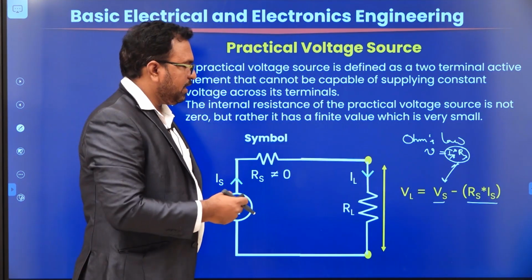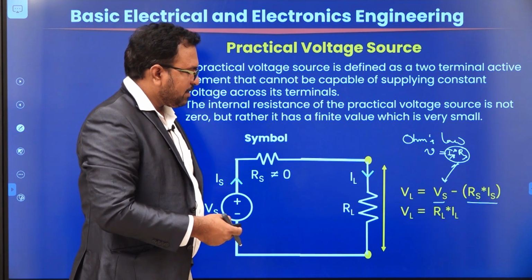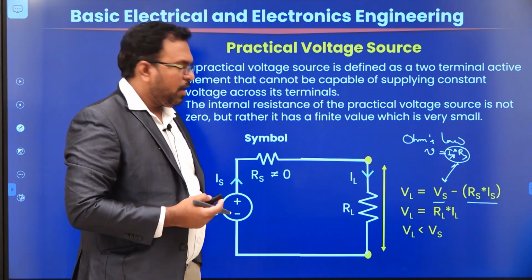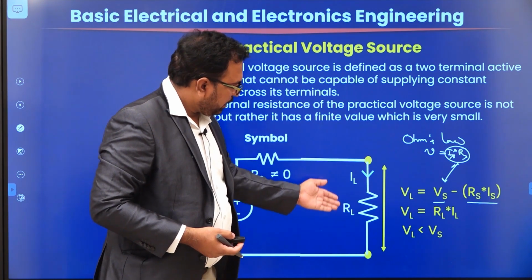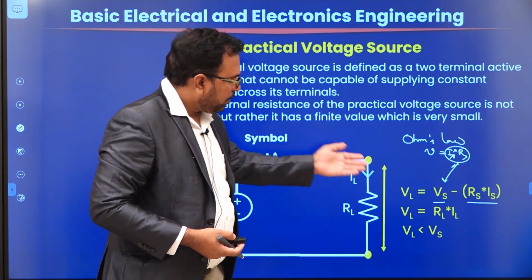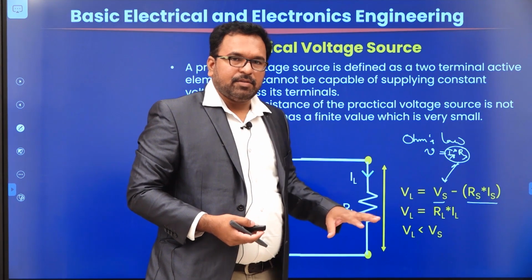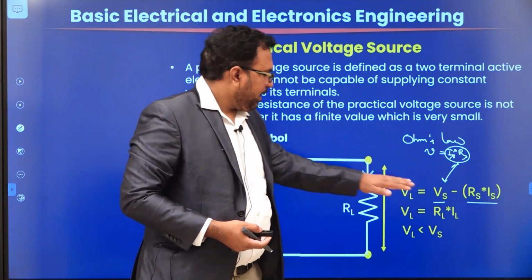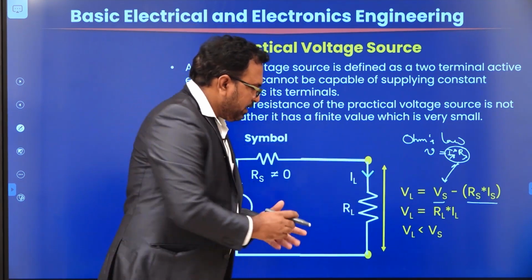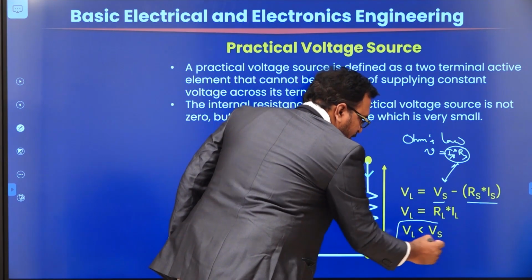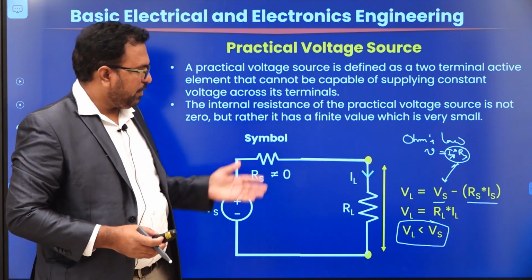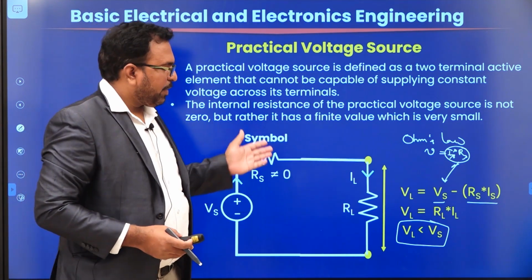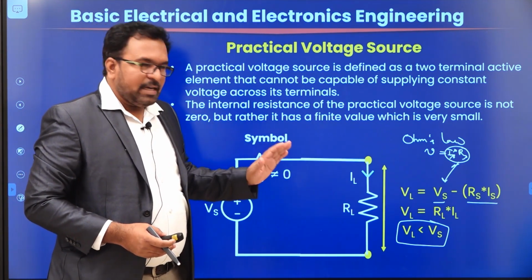That's why VL is always less than Vs. Alternatively, if you know the load current and load resistance value, you can calculate the load voltage as RL into IL also. That is a different case. But here, in terms of source value, VL is always less than Vs. That you have to keep in mind. Unlike the ideal source where VL is equal to Vs, in the case of a practical source, VL is less than Vs.